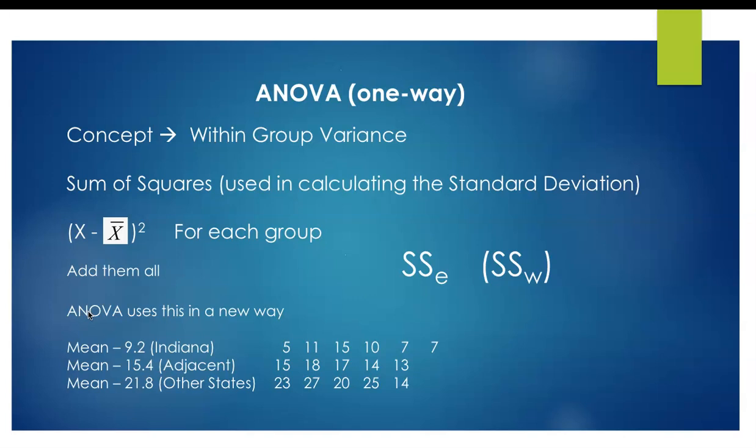We add them up, thus giving us a sum of the squares. Sometimes the sum of squares is symbolized by SSE. This means sum of squares for the error. But it's technically correct, but it's misleading. So we're going to use SSW, sum of squares within. That means we calculated the sum of squares comparing people within their groups.